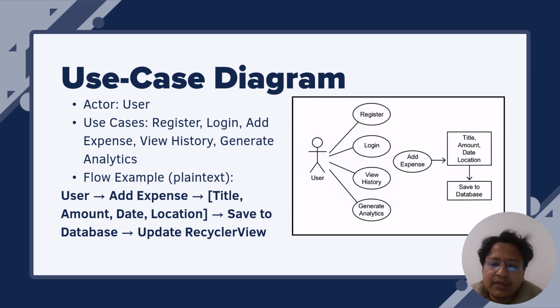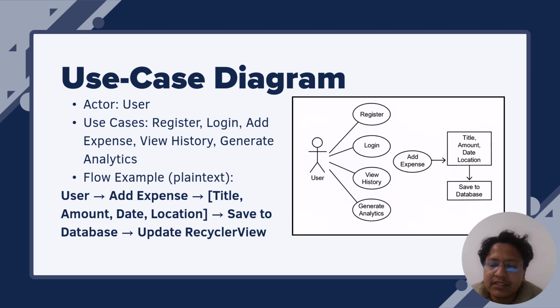Personal Expense Tracker validates this data and saves it securely. If validation fails, such as entering a negative amount, the app guides the user to correct it instead of crashing, giving just feedback. This is the add expense use case.